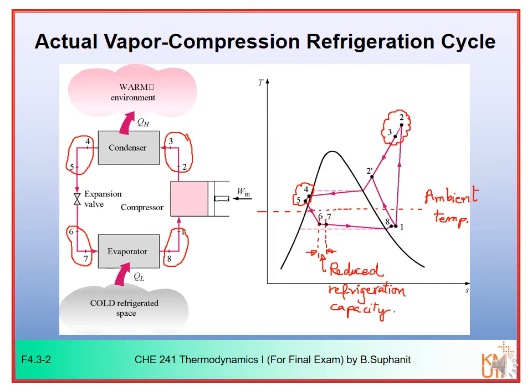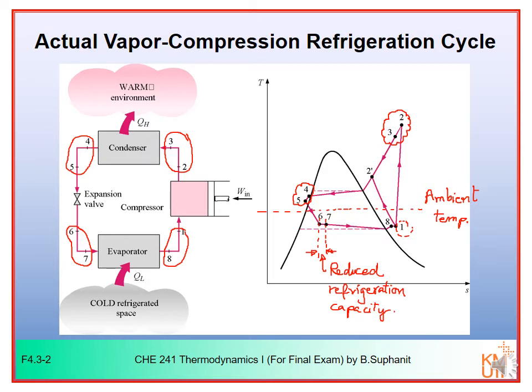And lastly, the pressure drop and heat transfer from the surrounding in line 8, 1 will bring the fluid further into the superheated region. Hence, it will increase the specific volume of the vapor. The power requirement to the compressor is therefore increased, since the steady flow work is proportional to the specific volume.